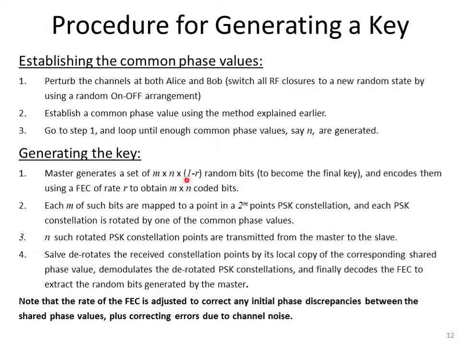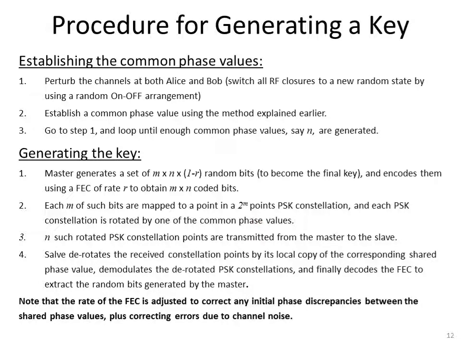These m times n coded bits are divided into segments of m bits. Each m of such bits are mapped to a point in a 2 to the power of m point PSK constellation, and each such PSK constellation is rotated by one of the common phase values.